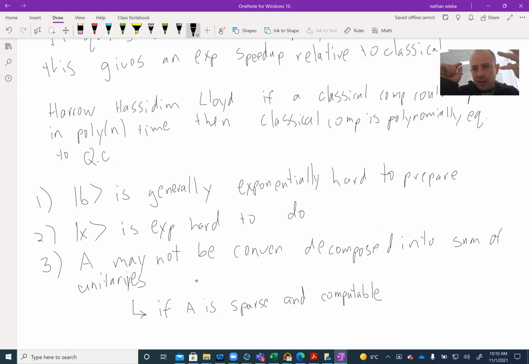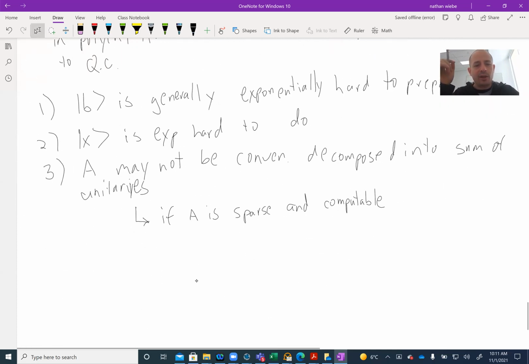So it still is a relatively broad class, but it's the third caveat I did want to mention. It's not as serious as the first two, but these three put together have meant that it's actually quite difficult for us to come up with direct applications of the quantum linear systems algorithm.